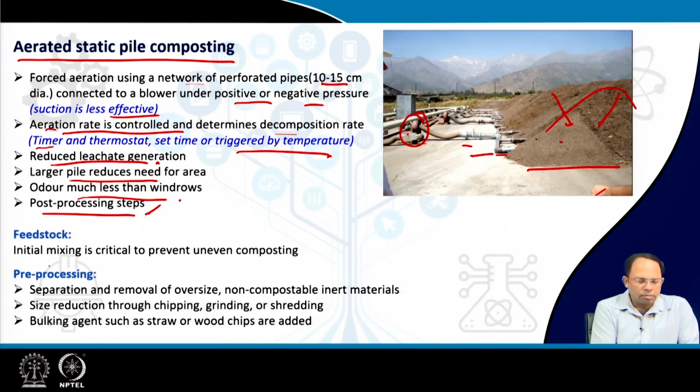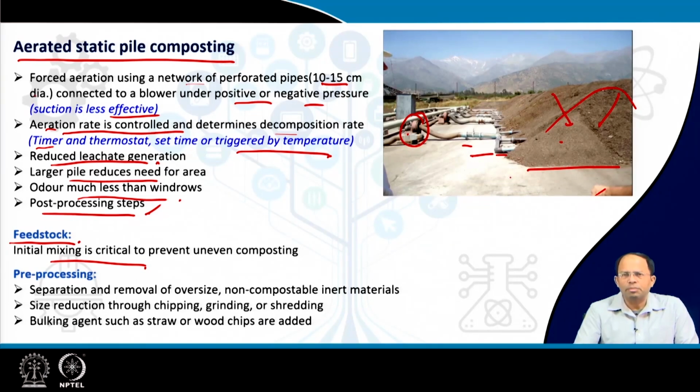For the feedstock of this aerated static pile, the initial mixing is critical, because we should not put in too-large material. Smaller particles should be put in, because this is a static pile and we are not going to break it up. If required, we have to put in some amount of bulking agents such as straw, wood chips and so on, so that it creates adequate gaps in the compost so that air can pass through.